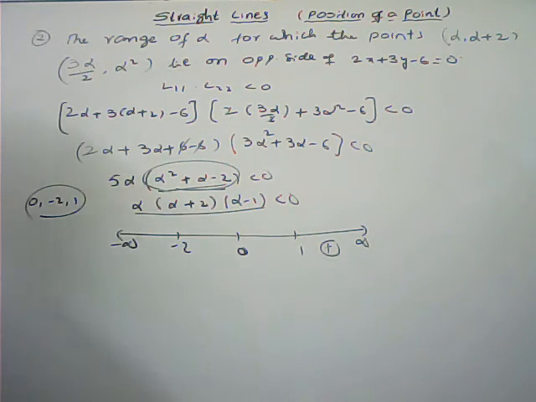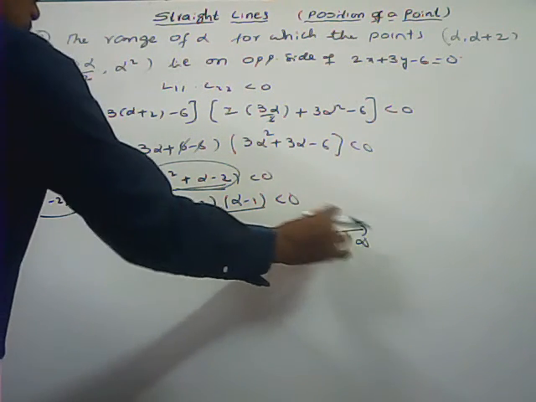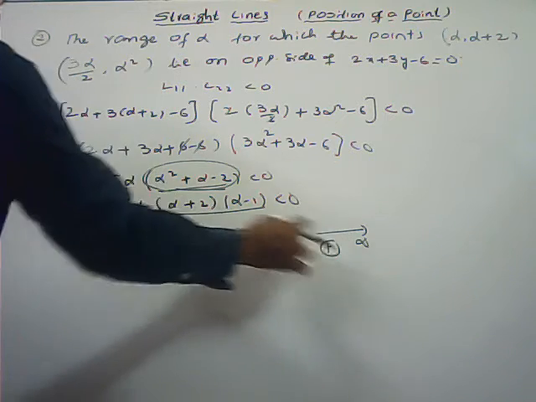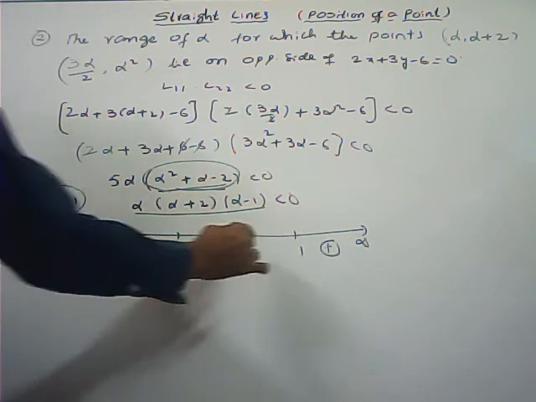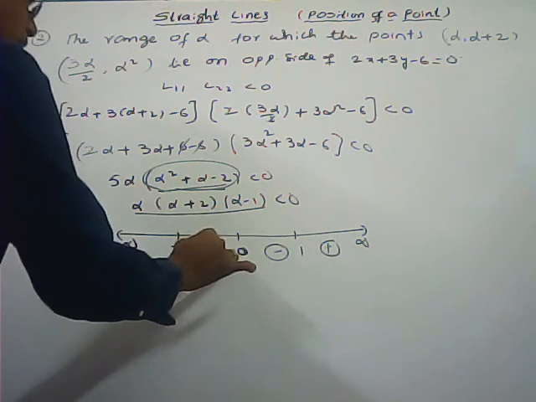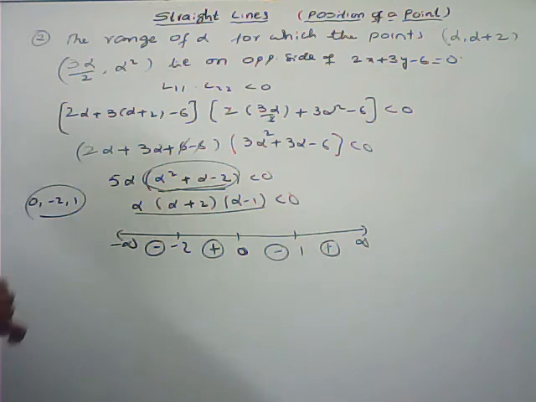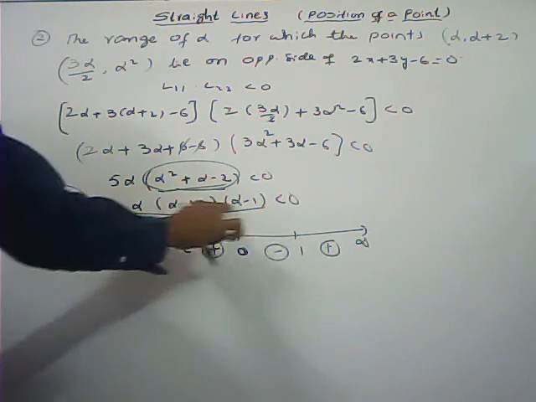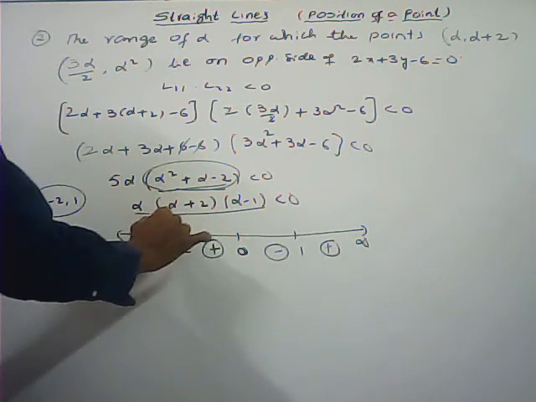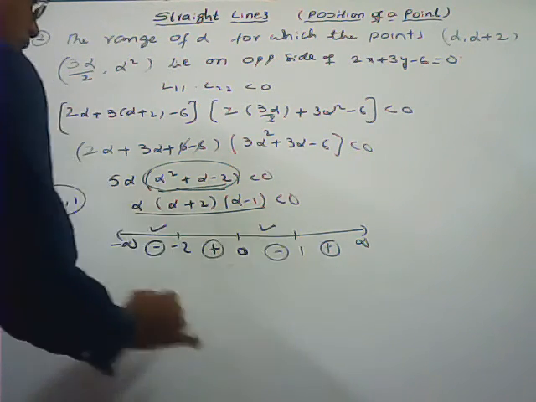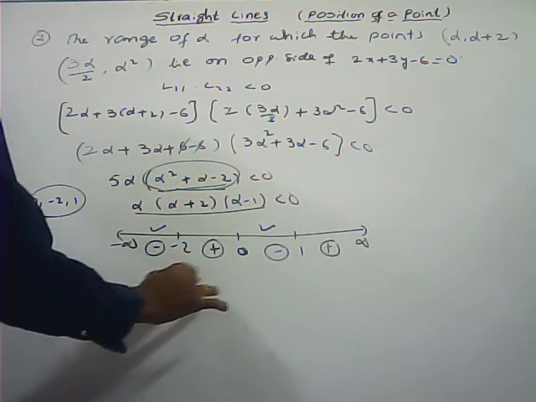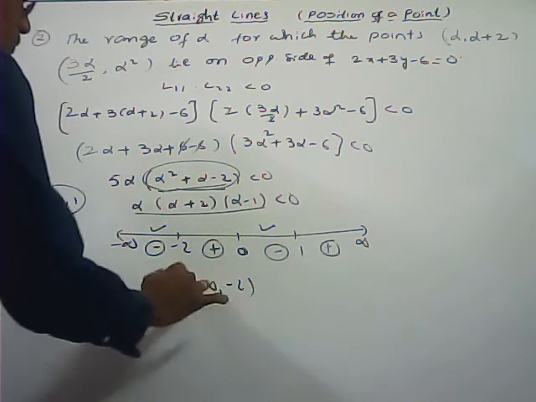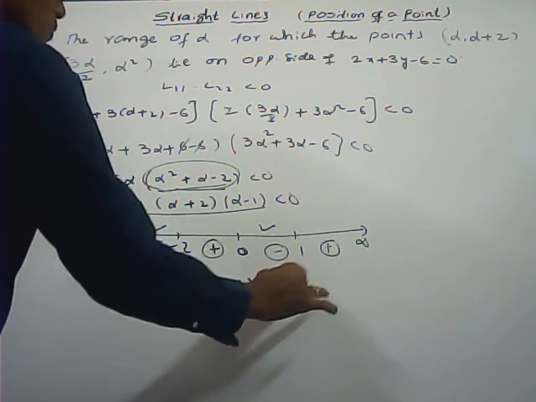Always you can get the first value if you substitute any real value between 1 to infinite. Here negative, here positive, here negative. What is the product of these three? Negative. So here we have to consider the negative intervals. Alpha belongs to minus infinite to minus 2 union 0 to 1.